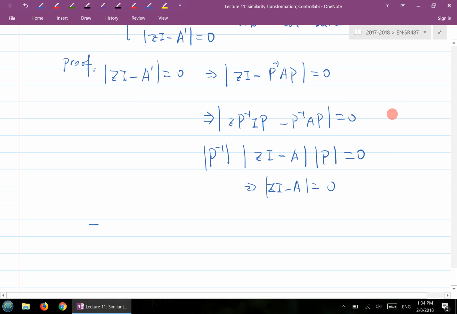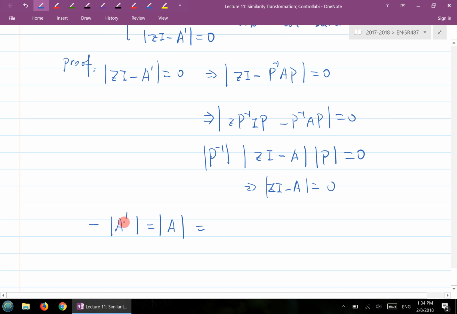The other property is, if you look at the determinant of A prime and the determinant of A. If A prime is a diagonal matrix, then its determinant is the multiplication of the diagonal elements, the eigenvalues, right?